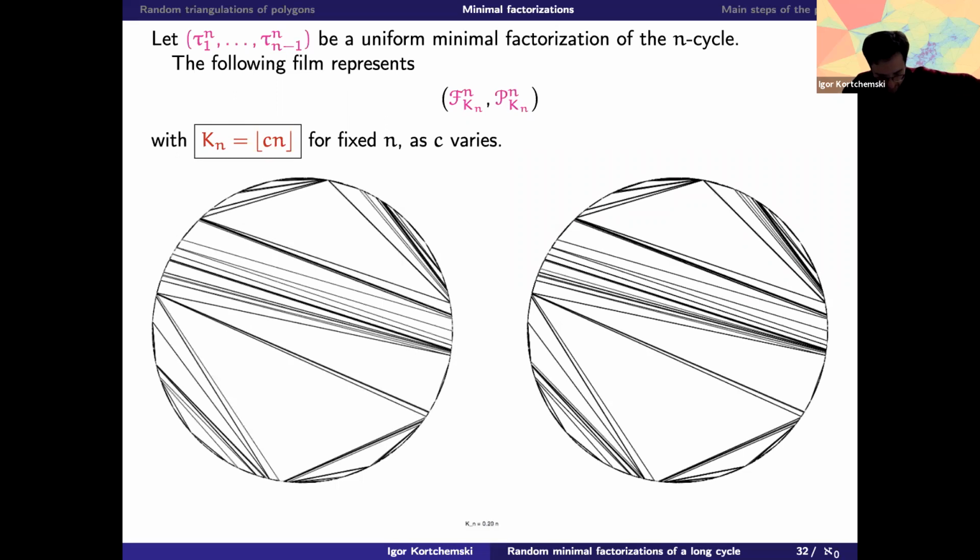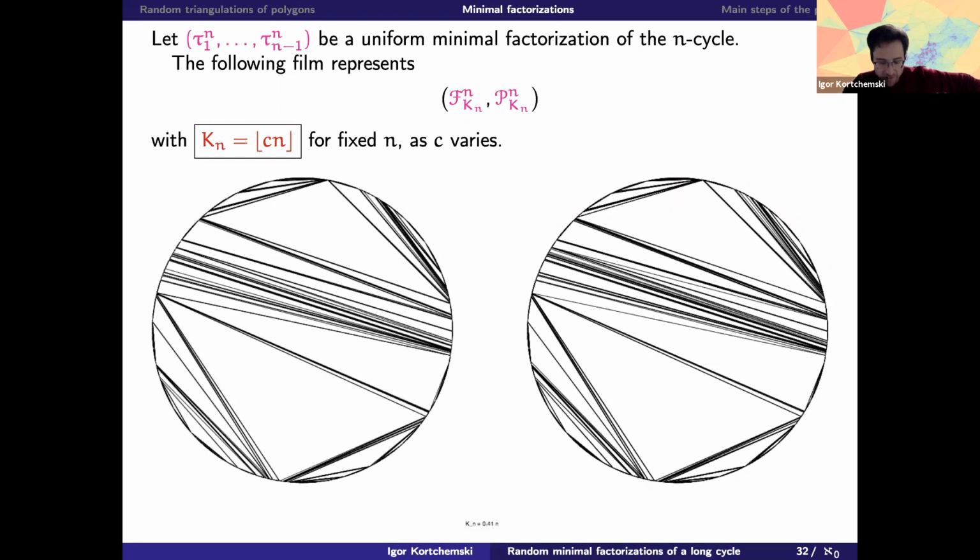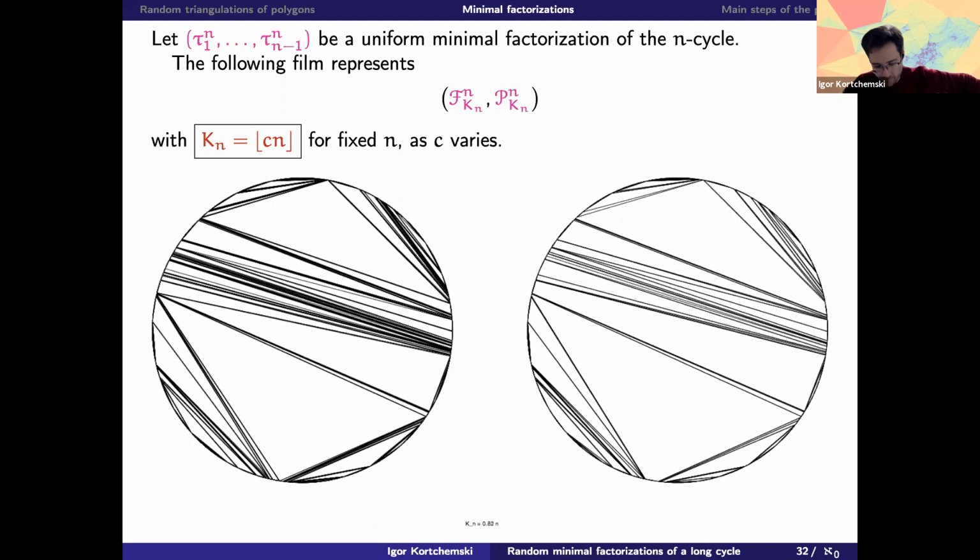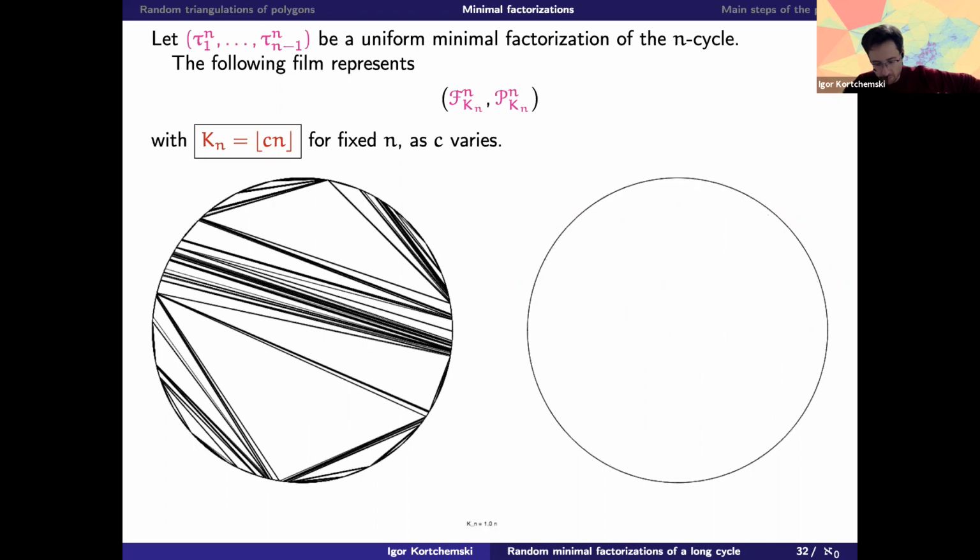So here C is equal to 0.2. Here nothing happens. You see a triangulation. And at the end, as expected, on the right, we get the circle, and on the left, nothing changes because on the left, everything is increasing.